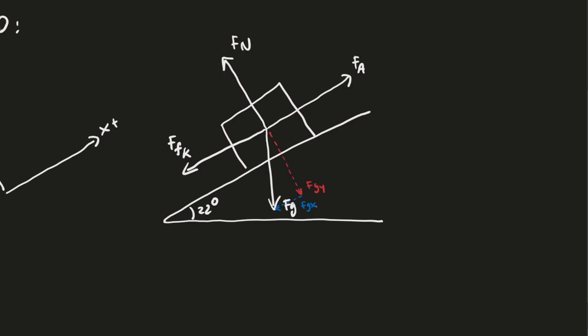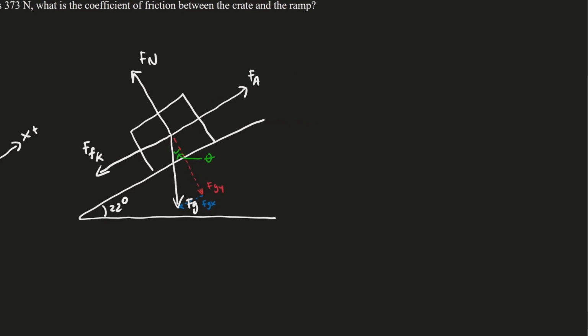Now, let's take a look at the angle over here. What is this angle theta? Let me go ahead and break down the problem further, specifically the angles. So let's first start drawing the ramp. Again, this is 22 degrees.